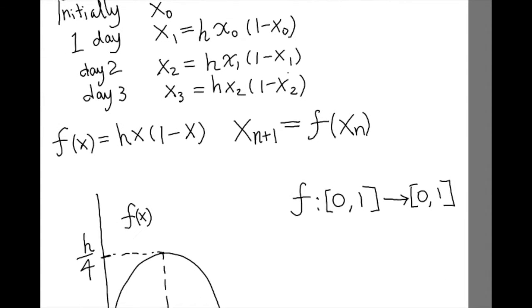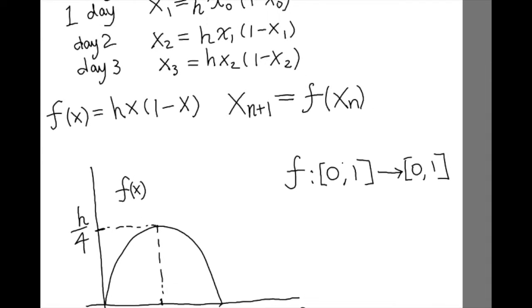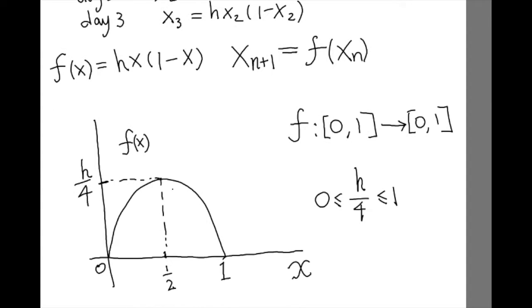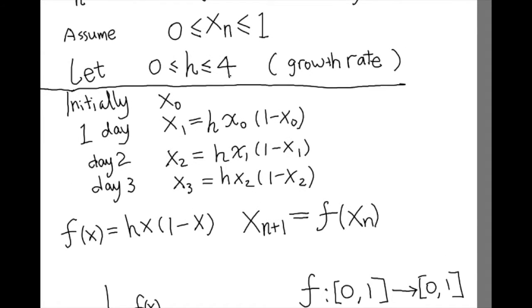So when we apply f to this population again and again, it shouldn't jump out of 0 and 1. So this means the maximum value h over 4 is between 0 and 1, and h will be between 0 and 4. So that's why we assume h is between 0 and 4.